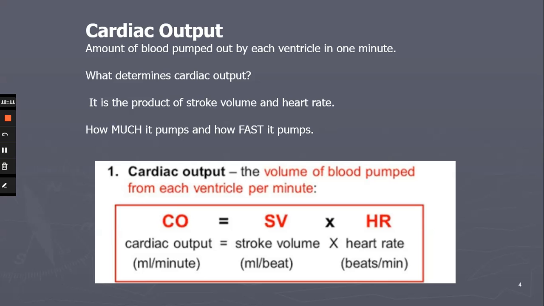So stroke volume, you can think of like how much it pumps, and the heart rate as how fast it pumps. If you look at the picture on your PowerPoint slide, the cardiac output is a volume, so it's milliliters of blood per minute. And what are the factors that go into it? It is the stroke volume times the heart rate. So stroke volume times the heart rate will give you your cardiac output.